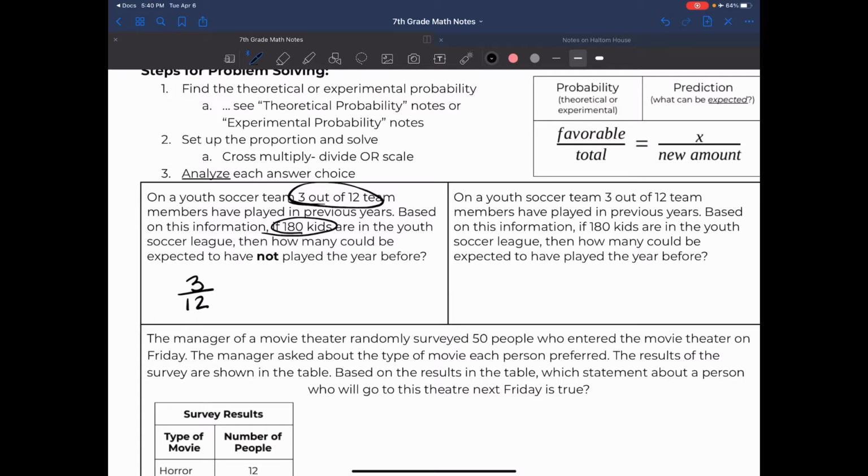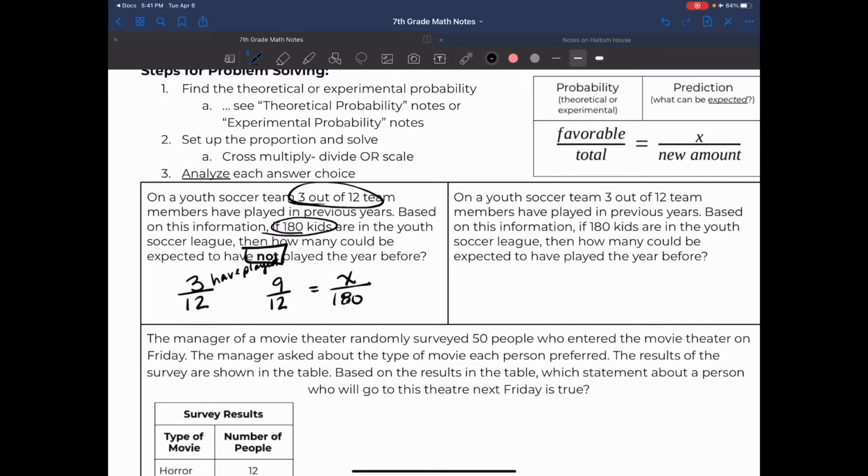But this 3 out of 12 represents how many have played, right? And I'm looking for how many have not played. So if 3 out of 12 have played, then basic mental math, that tells you that 9 out of 12 have not. And the other side of my proportion is going to be x out of the new amount of 180, right?